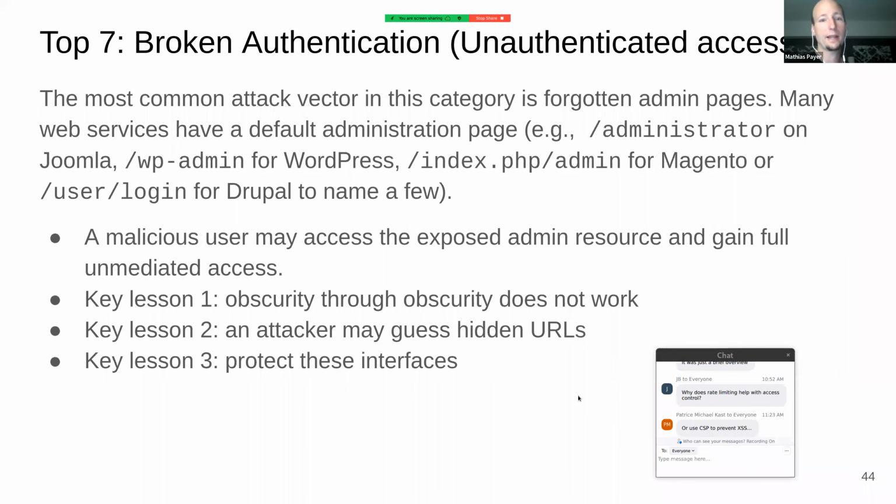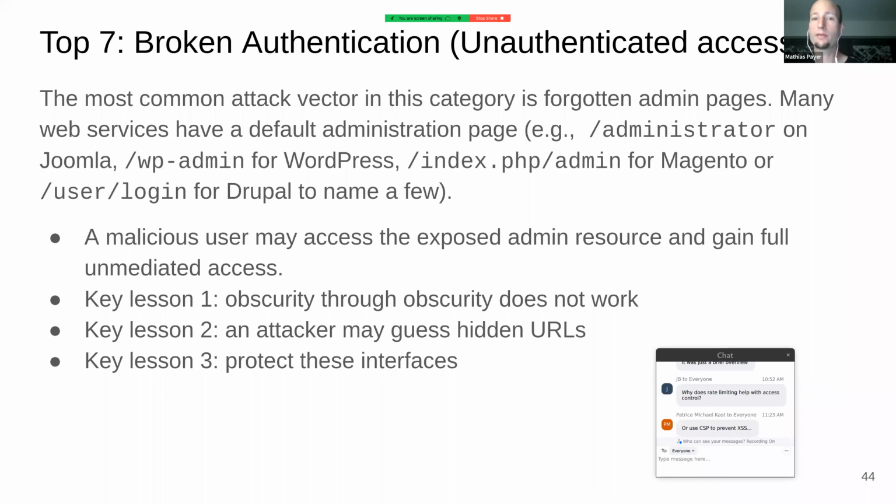These unauthenticated accesses, the most common approach is that there's a forgotten admin page. So web services often have default administration pages, such as administrator, WordPress admin, index.php/admin, and whatnot. And oftentimes these are just left open and unconfigured.